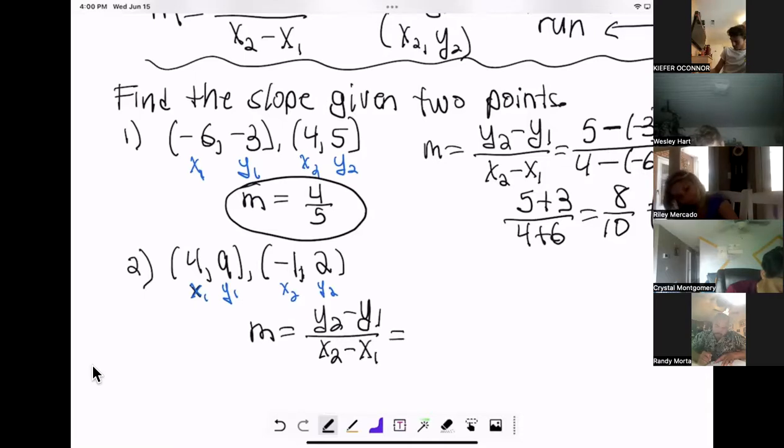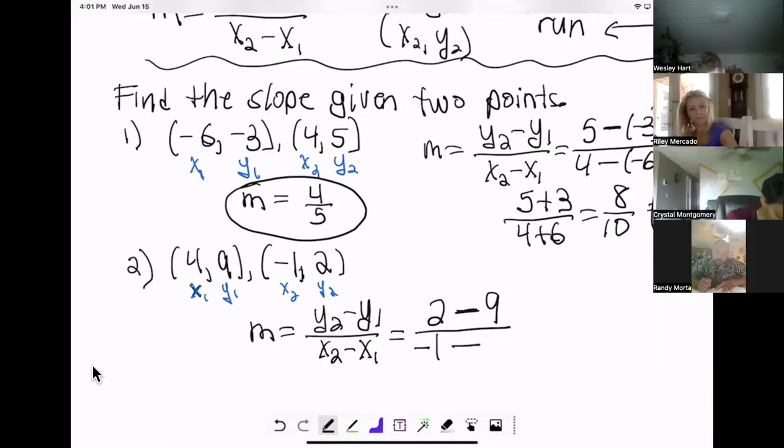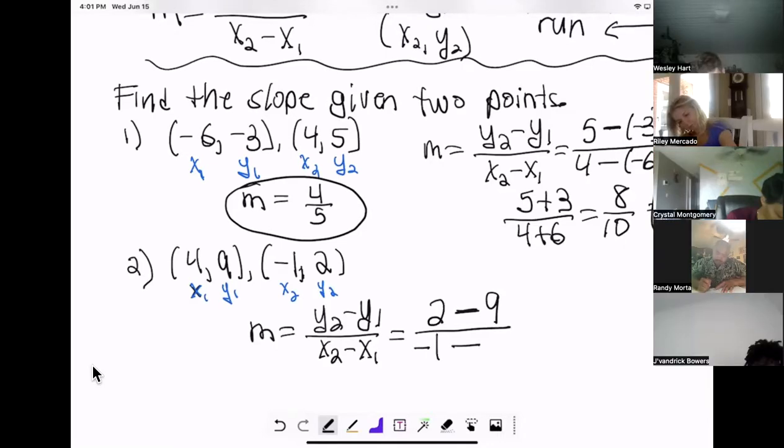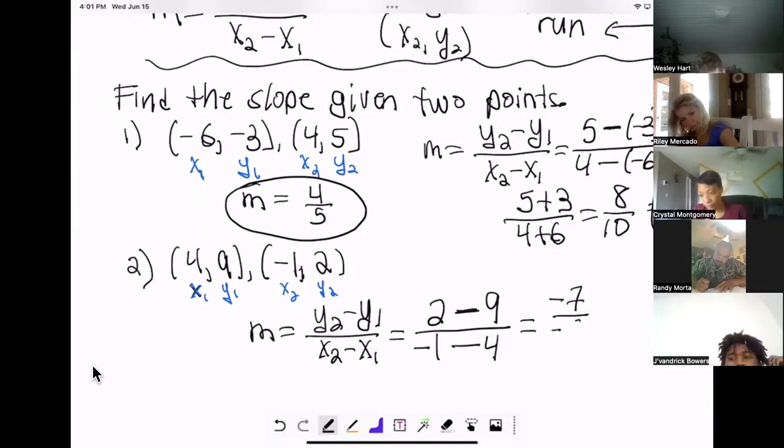So Y2 is 2 minus, now I'm going to look at Y1, which is 9, over X2, which is negative 1, minus, and now I look at X1, which is 4. And then I can simplify. 2 minus 9 is negative 7. And negative 1 minus 4 is negative 5.